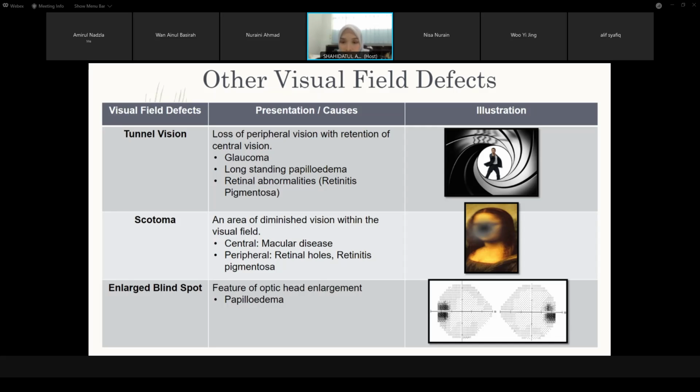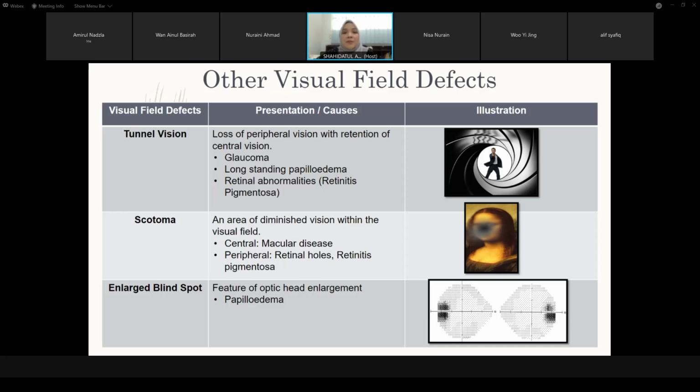Tapi kalau tunnel vision ni dia preserve within the 10 degree yang tengah-tengah tu, tapi tepi semua memang dah hitam. Faham tak? Macam you tengok enlarged blind spot tu, the colour hitam tu fulfill the whole yang kat tepi, tapi dia cuma tinggalkan center saja.